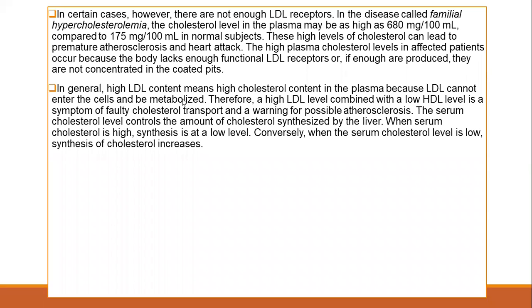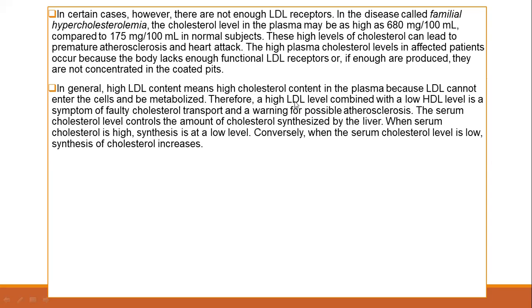So pag magpa-test mo and you have a very high LDL content, it means that you have a very high cholesterol content also, because it's the LDL that carries your cholesterol to the different cells. Therefore, a high LDL level combined with a low HDL level is a symptom of faulty cholesterol transport and a warning for possible arteriosclerosis.